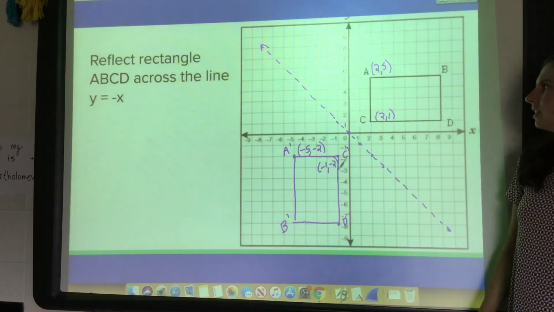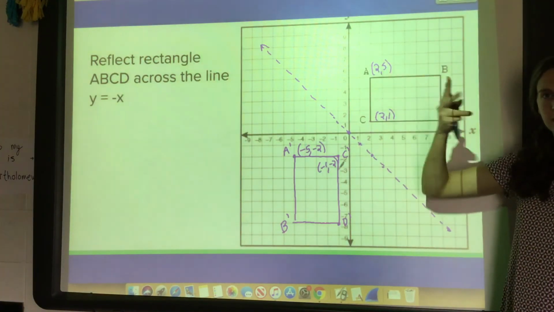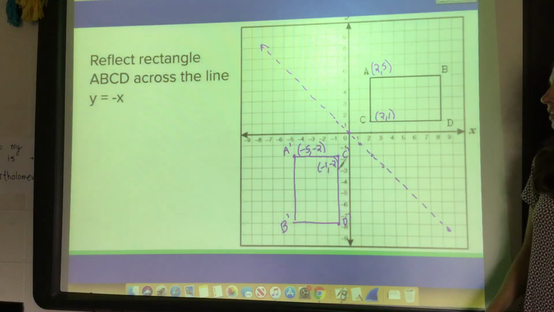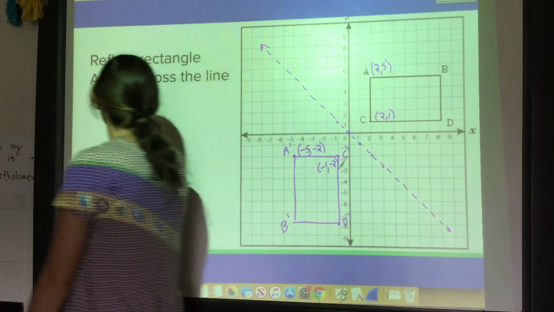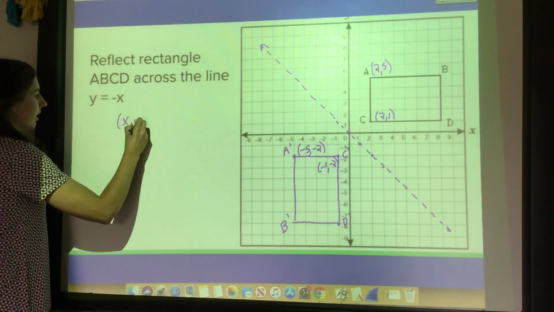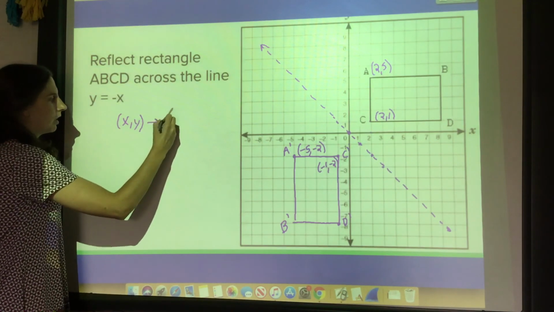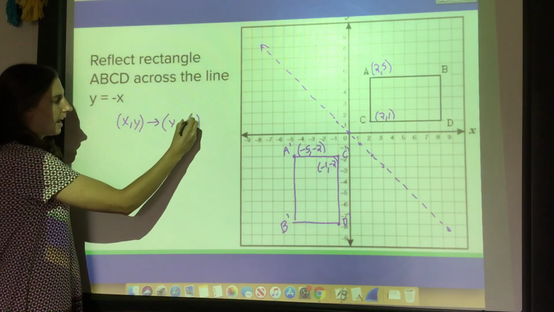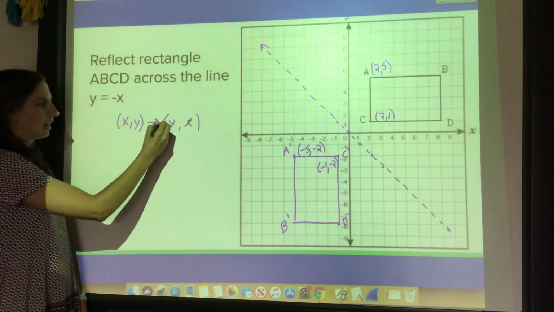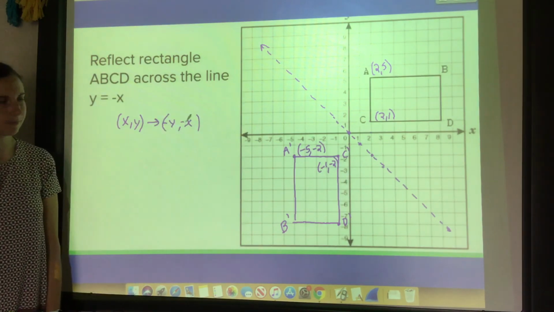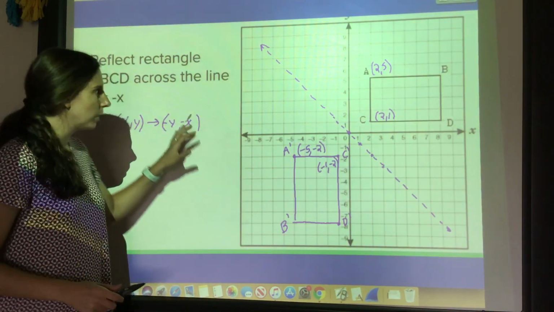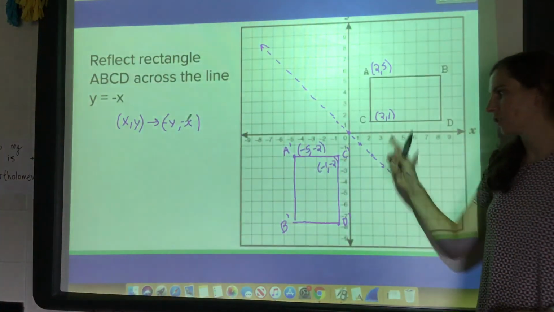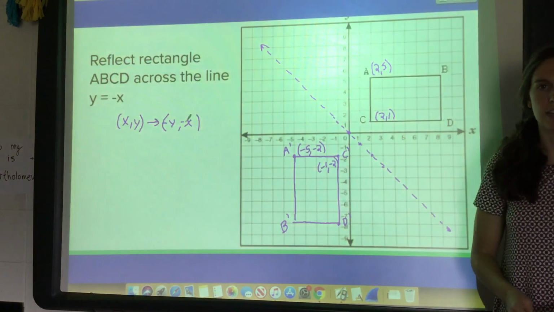On these, you're actually flipping the x and the y, and you're making them both negative. So to write out that rule, we would say the point x, y becomes, first of all, I changed the x and the y. So it's now y, x, because they flipped, and they're both negative. This will always be true for reflecting across that line, but again, you don't have to memorize that. You can always just play around with what your new points are and just kind of see.